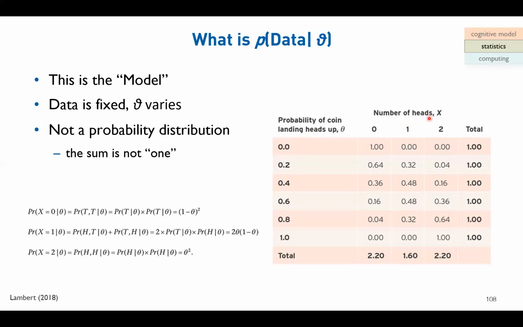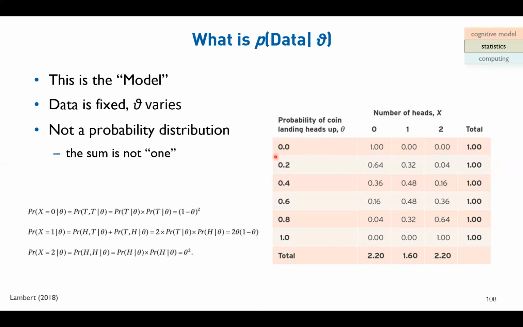Given theta is 0, what is the chance that one head facing up? Given theta is 0, what is the chance that 2 heads facing up? This is the same coin, and you flip it, and then you catch it. You record the outcome, and then if you sum them up, it is 1. Okay, good.